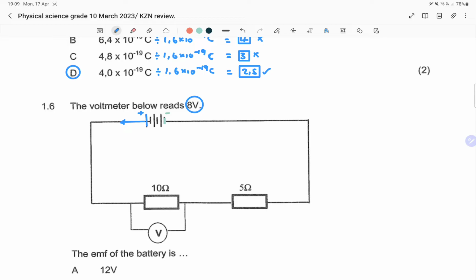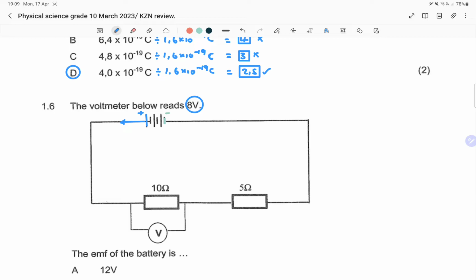But what is the flow of electrons? Electrons, however, I know that this is going to cause trouble, they flow in the opposite direction. Okay, so let's leave that for now. Let's just accept the conventional current as it is.